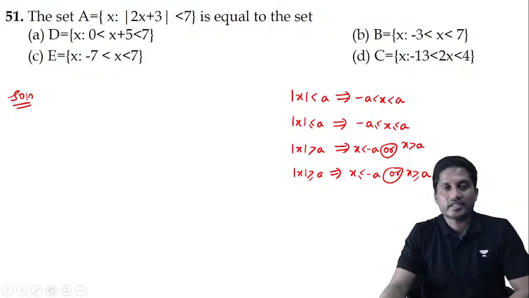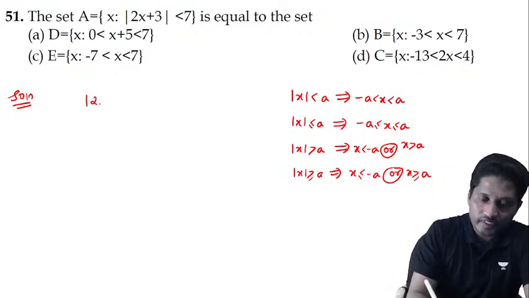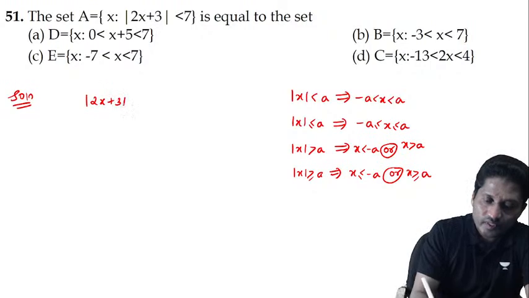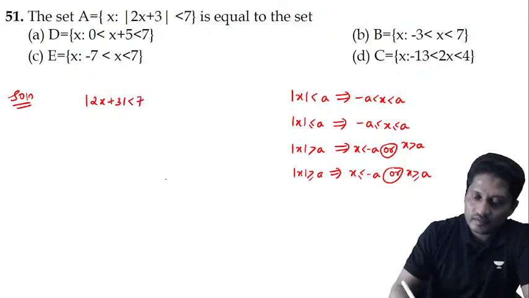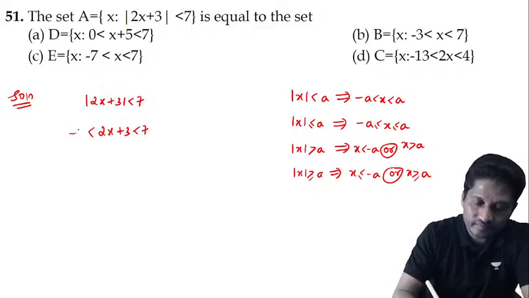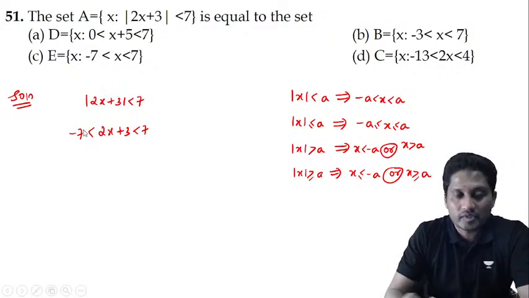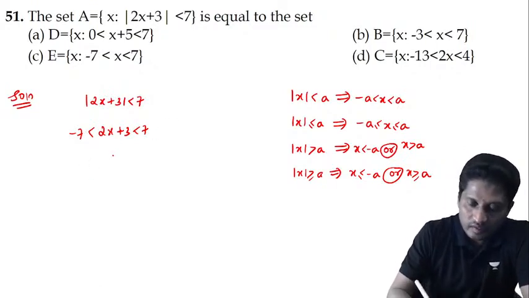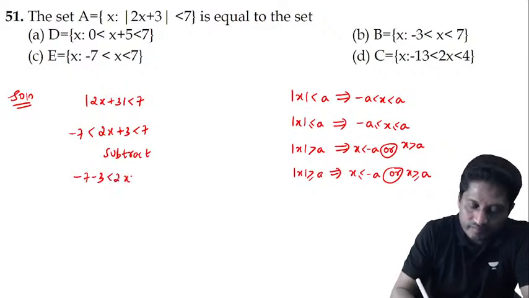So if I use these conditions, modulus of 2x plus 3 is less than 7. So this means that 2x plus 3 is less than 7 and greater than minus 7. Alright, I am supposed to find the values of x. Now if you subtract 3 throughout, minus 7 minus 3 is less than 2x, less than 7 minus 3.